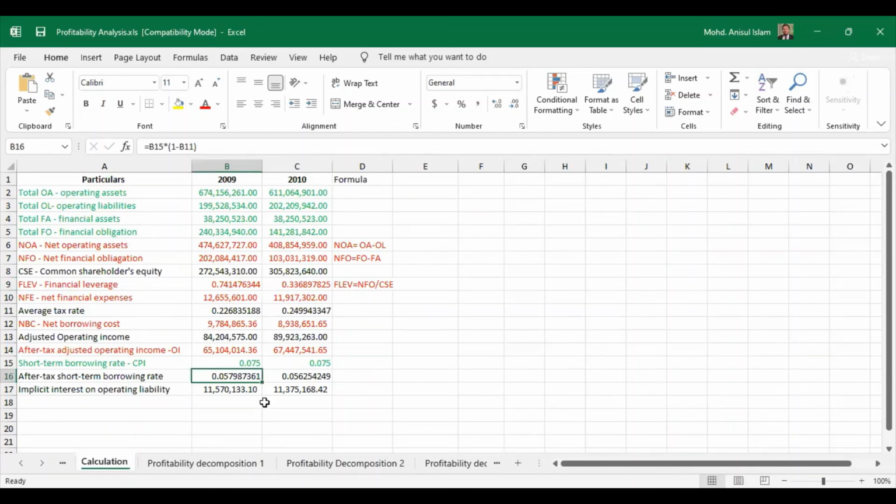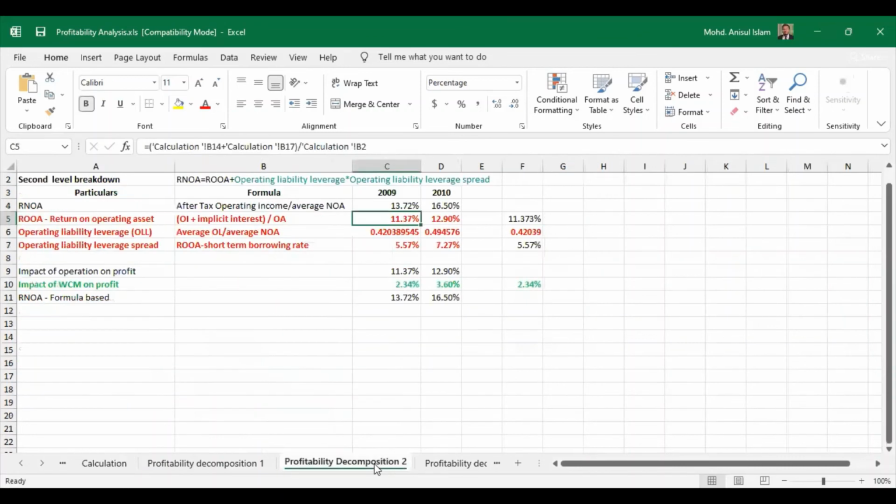So we are subtracting this short-term borrowing cost from our return percentage, which comes from the investment in operating asset. The difference is what we have measured here as the spread.